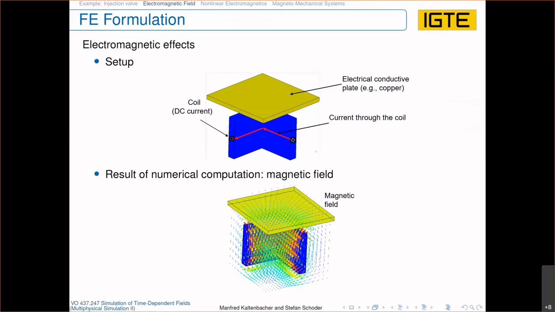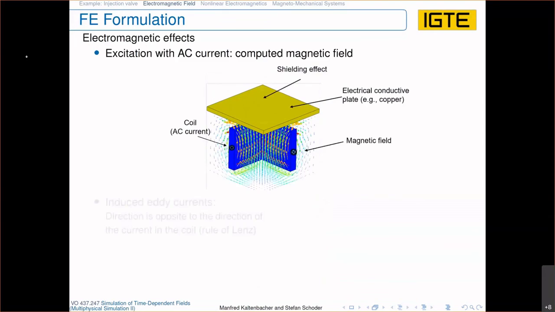However, you have to be careful, it is the steady state case. If you immediately switch on and do a transient analysis with time steps, then it is clearly a switching on of the current, and you would also have some transient effects. But when you do a static analysis, because the coil current is a DC current, then clearly you will get this result. On the other hand, you clearly also know that the copper plate is like a shielding.